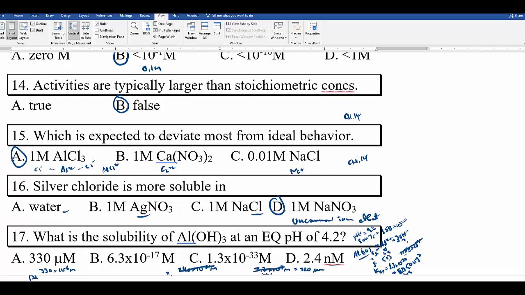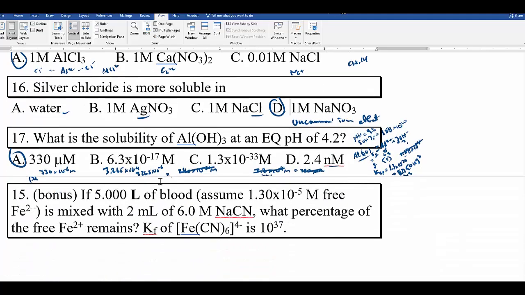I didn't carry enough digits. 3.265 times 10 to the minus 4, which is going to be 326.5 times 10 to the minus 6. So this is about 330, that's 2 sig figs, micromolar. All right.